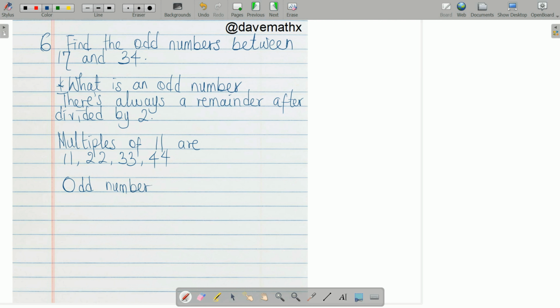Next, we determine the odd numbers between 17 and 34, which are 17, 19, 21, 23, 25, 27, 29, 31, and 33.